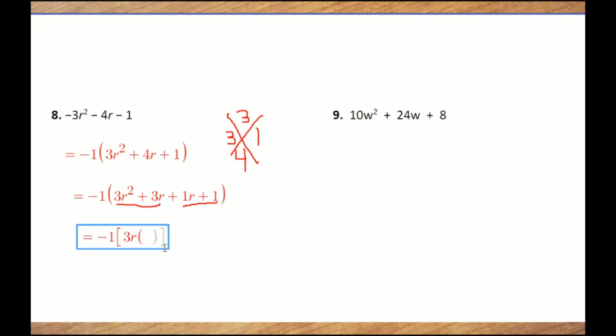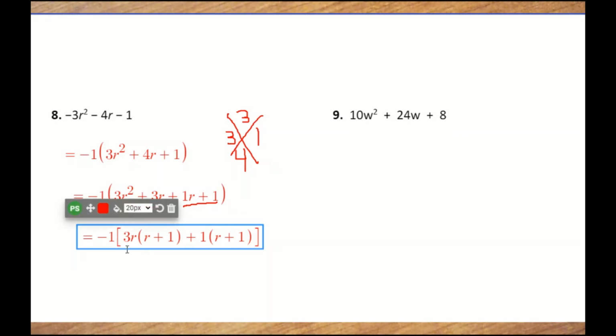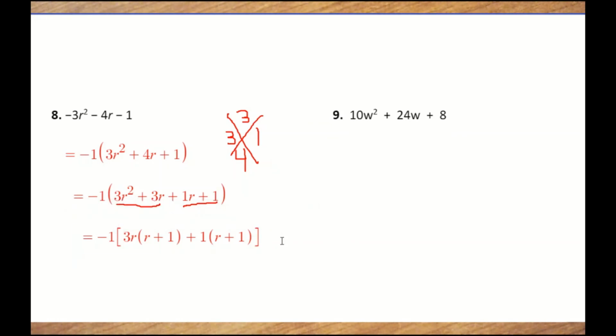So I'm going to factor out the 3r, and we get r plus 1, and then we can factor out a 1 out of the second one and get r plus 1. So the brackets just serve as parentheses too. They don't operate any differently than parentheses do when you're writing them.